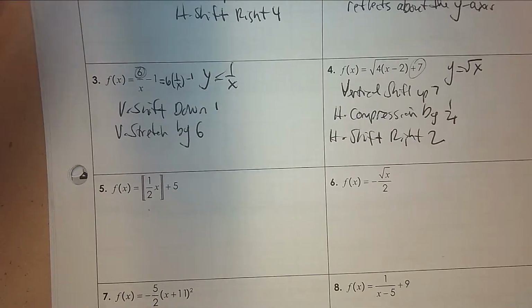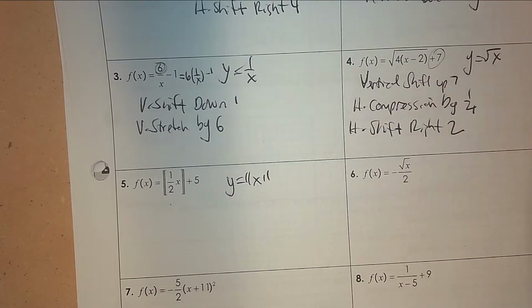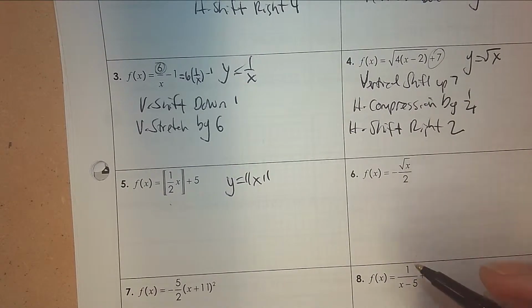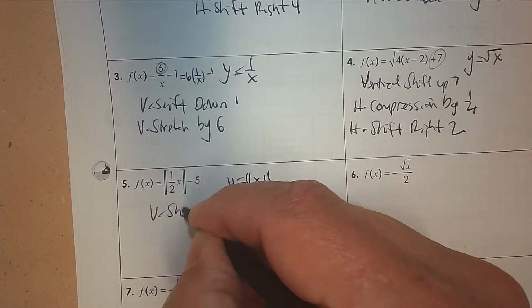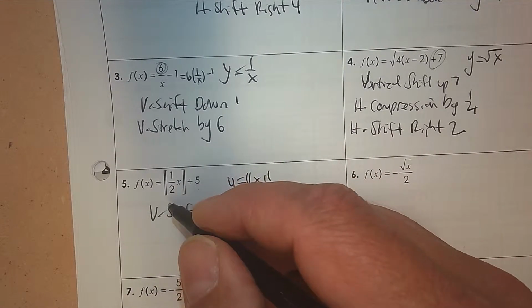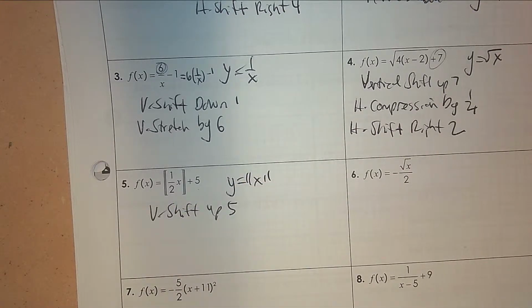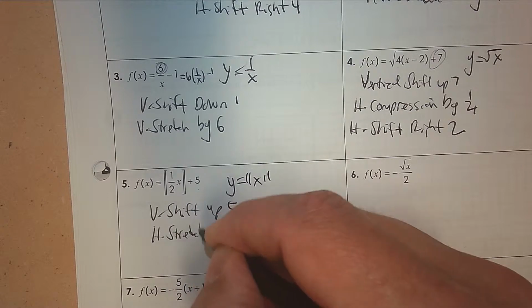5. The name of it, it's the greatest integer function. What's happening on the outside? I see a vertical shift up 5. I also see that on the inside, we call it a stretch because it's the inverse of it.